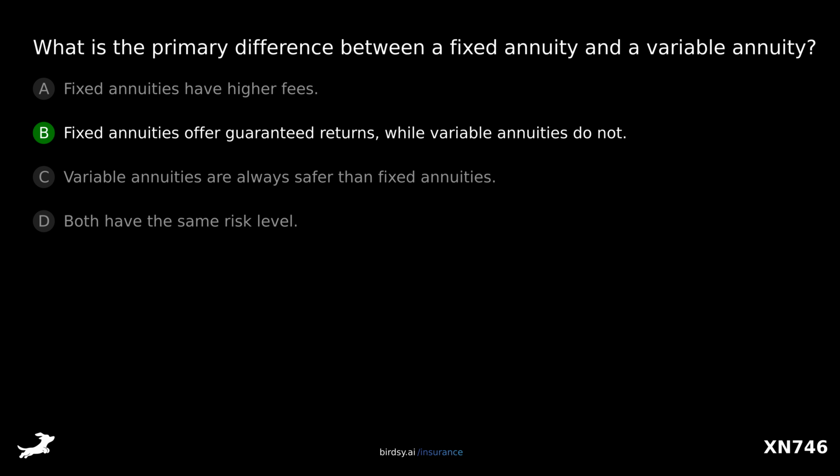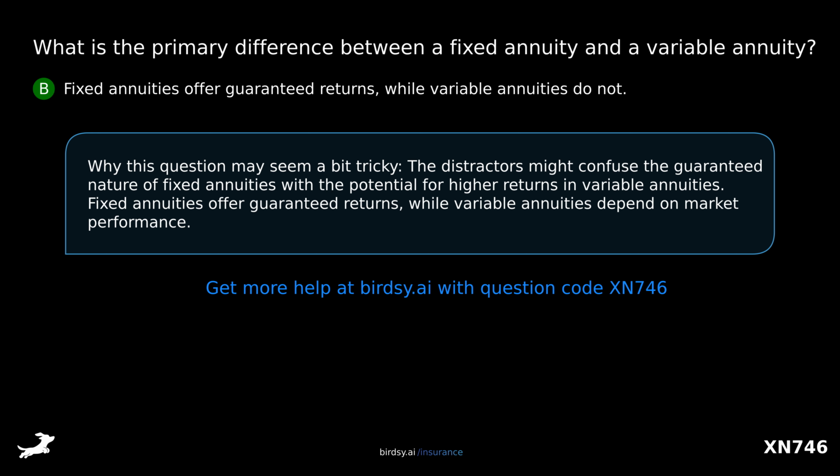The answer is B, fixed annuities offer guaranteed returns while variable annuities do not. Why this question may seem a bit tricky: the distractors might confuse the guaranteed nature of fixed annuities with the potential for higher returns in variable annuities. Fixed annuities offer guaranteed returns, while variable annuities depend on market performance.